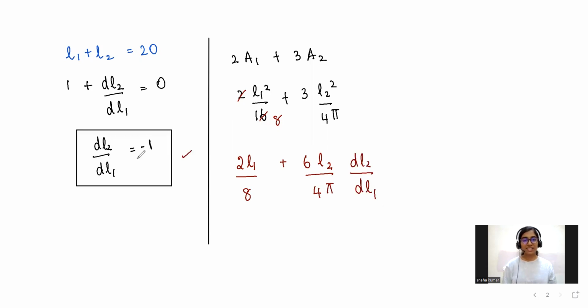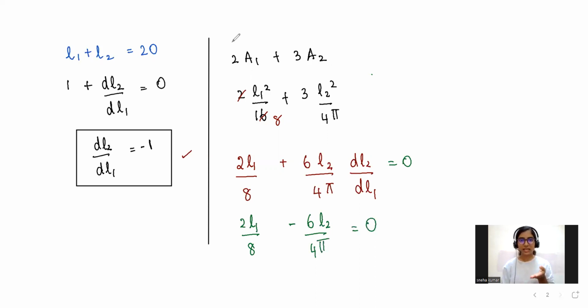But we already have that dL2 divided by dL1 is equal to minus 1, so that is what I will be substituting now. So 2L1 divided by 8 minus 6L2 divided by 4 pi is equal to 0, because it's given as the minimum.